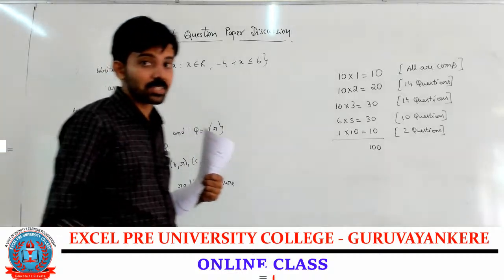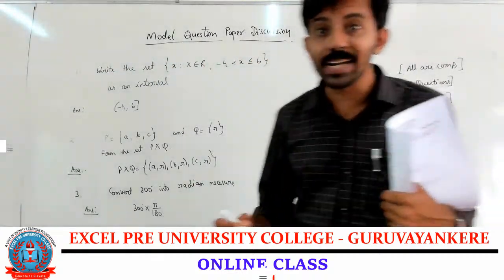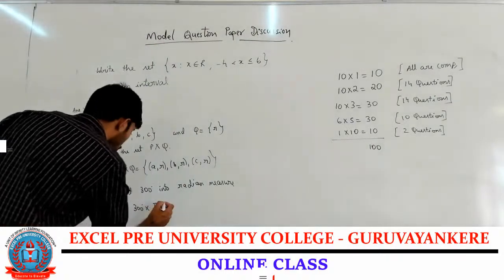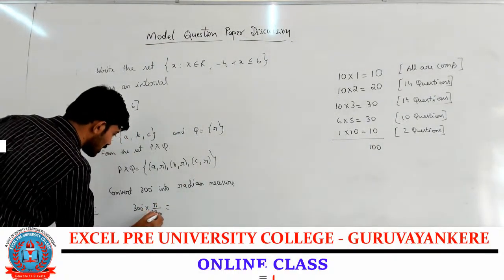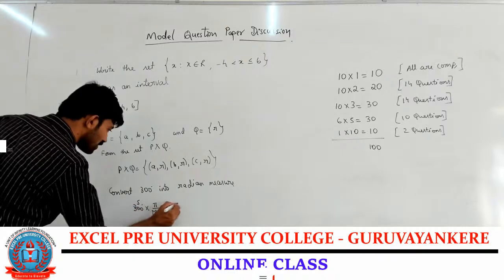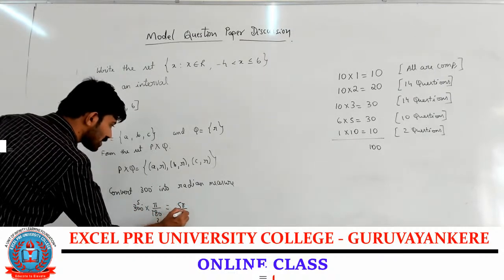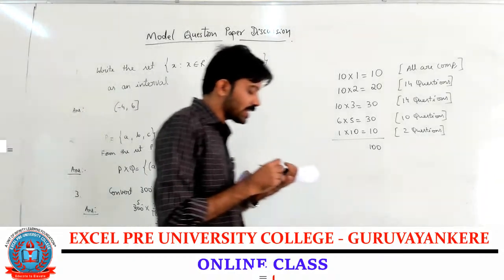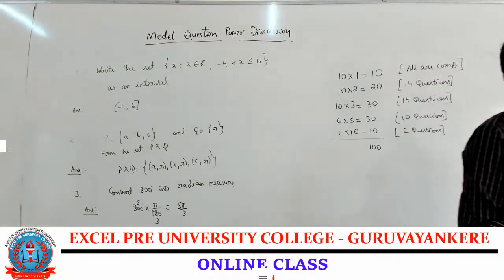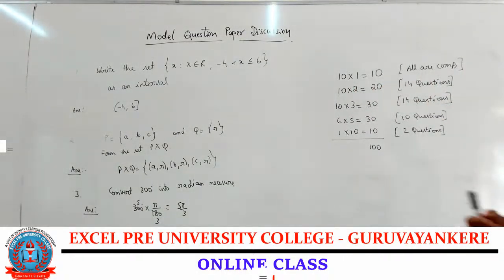Degrees to radian conversion is multiply by pi by 180. You can cancel the 60s, the 6s and 5s, so this is 5 pi by 3. Based on trigonometry, converting degree to radian.